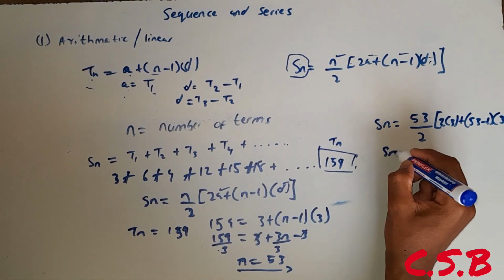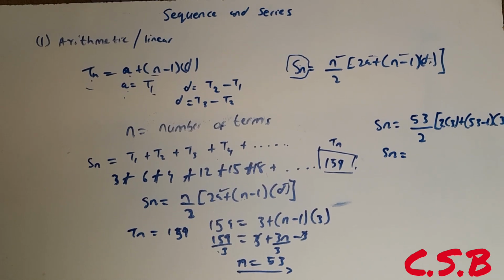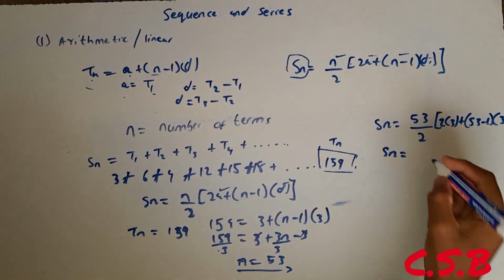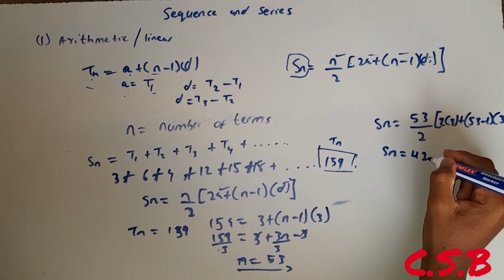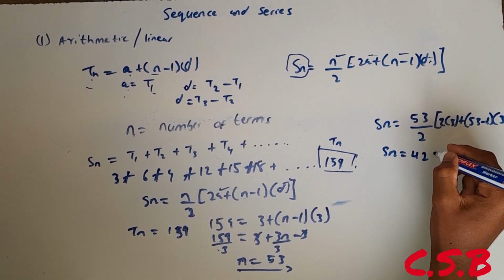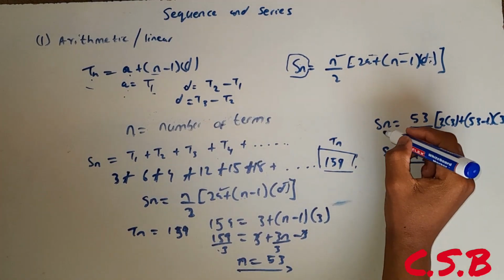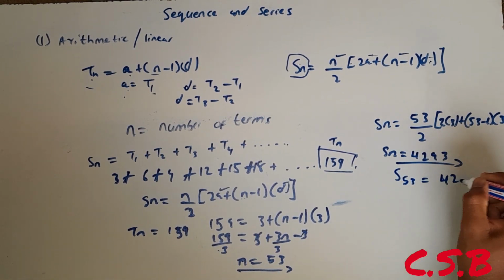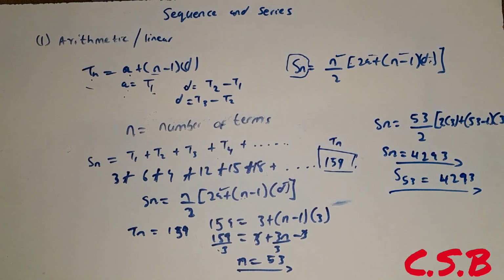So the sum of these terms is 4293. You can call this S53, which is 4293. Yeah, this is how you find your number of terms.